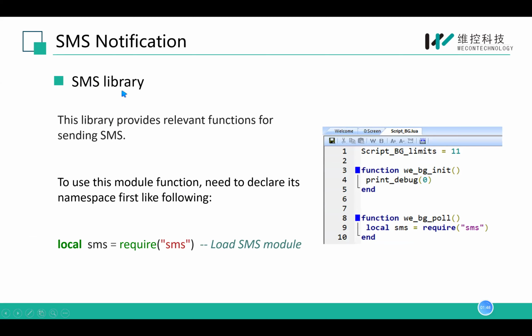In our HMI, we provide the SMS library. This library provides relevant functions for sending SMS. When we use these functions, first we need to declare its namespace like this in the command: local SMS equals require SMS. This means load the SMS module.